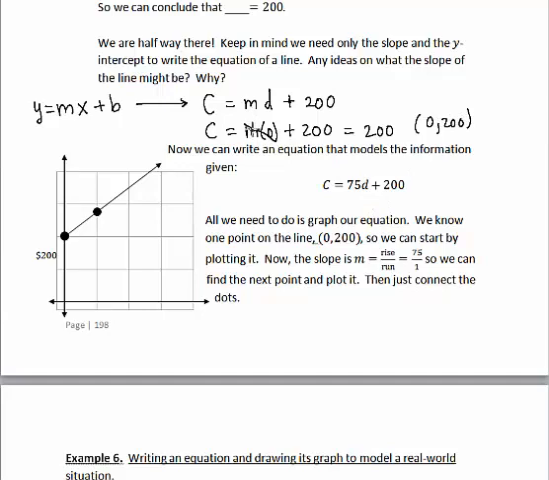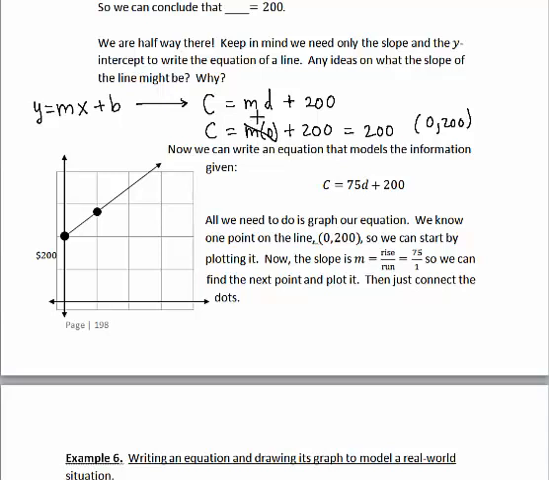And so the question is, how do we complete our equation? The only thing missing from this equation is m. So what's our slope? Well, it turns out that we were given the number 75, and $75 is what we have to pay each day that we use the bus.